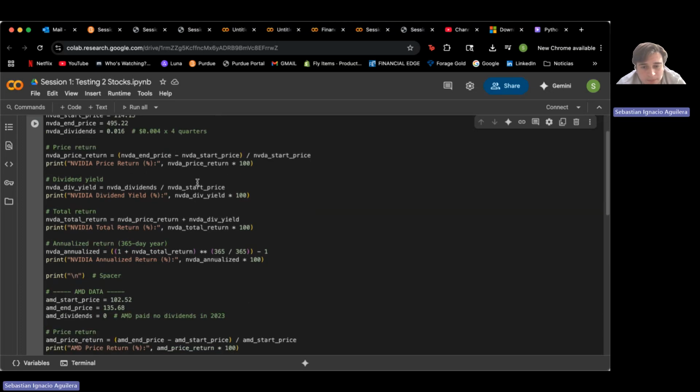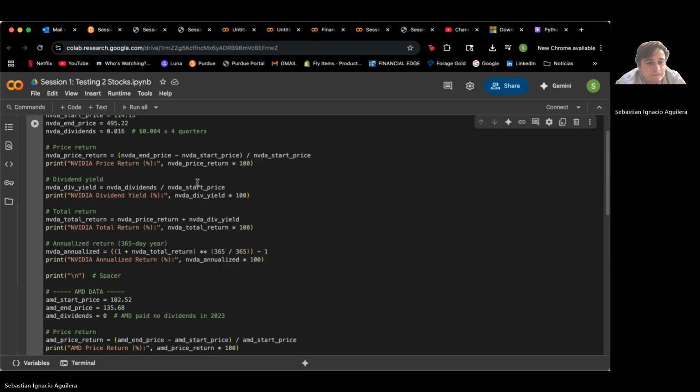Now, here we calculated the price return: 495.22 minus 114.15, which is the end price minus the start price, and it is divided by the start price.